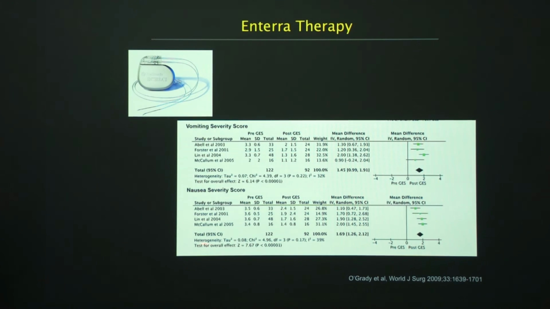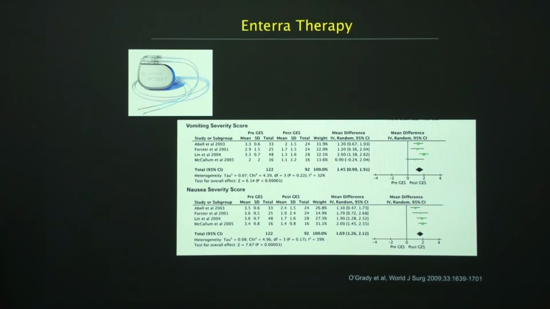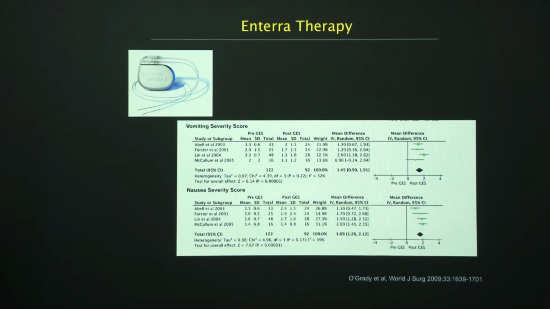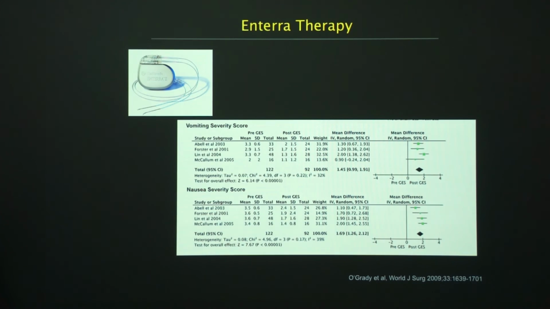So you can see on the bottom here is a meta-analysis study which basically looks at the results from a whole range of academic studies, pools them together, and the take-home message is that the general body of literature suggests that this high-frequency Enterra stimulator improves the symptoms in patients with gastroparesis.